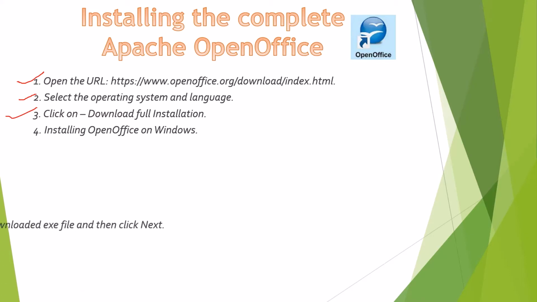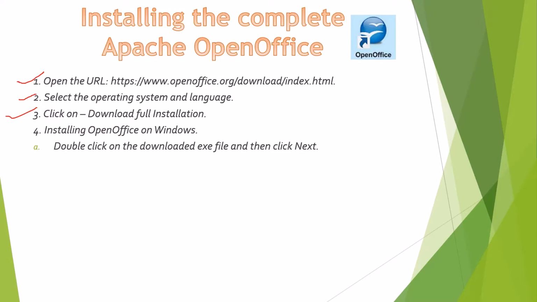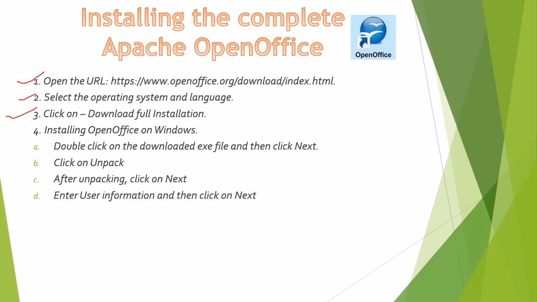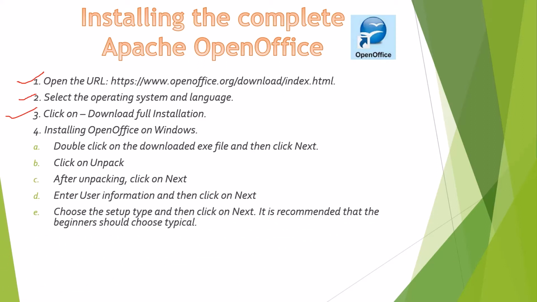Installing OpenOffice on Windows. Now how do you install on Windows? You have to double click on the downloaded exe file, then click on next, then click on unpack. After unpacking, click on next, then enter the information that is asked there, then again click on next. Then choose the setup type, and click on next.